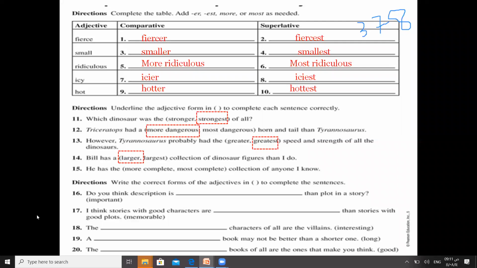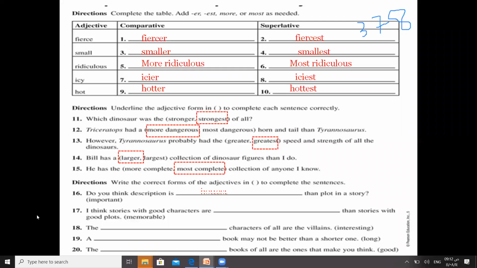Number 16. Do you think description is more important than plot in a story? More important. I'm comparing between description and plot.